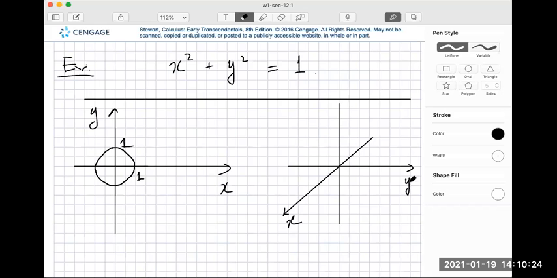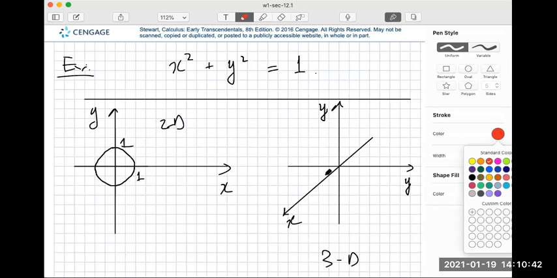Suppose this is the x-axis, this is the y-axis, this is the z-axis, right? So this is in 2D. This guy, we're trying to draw this guy in 3D.